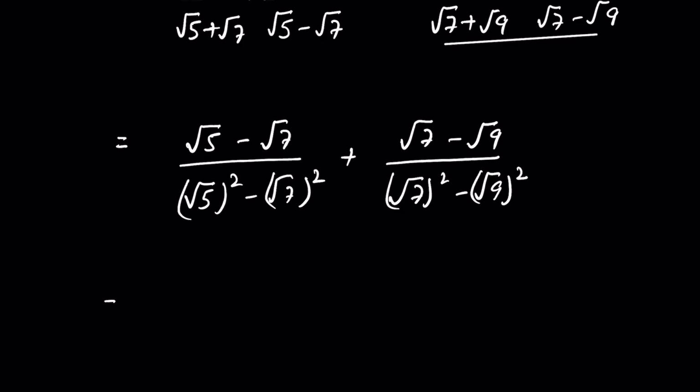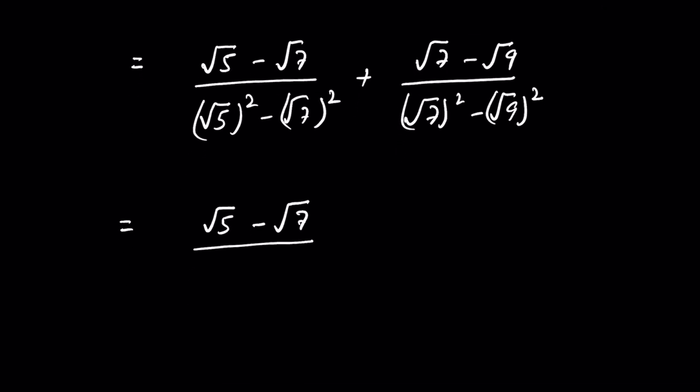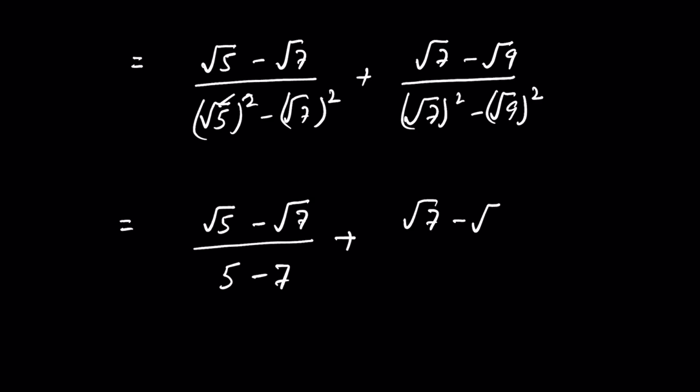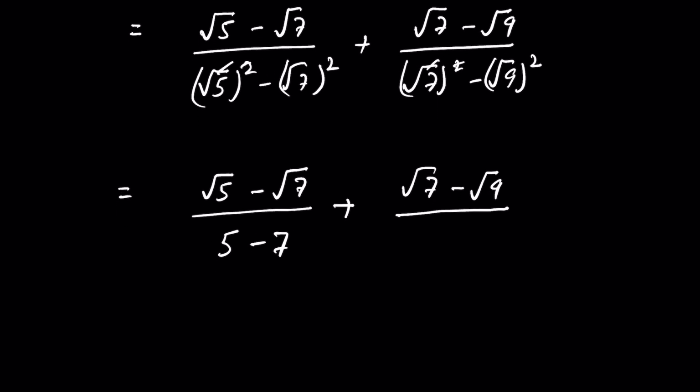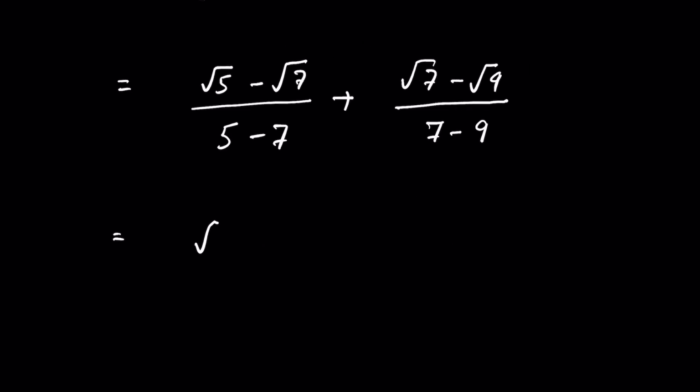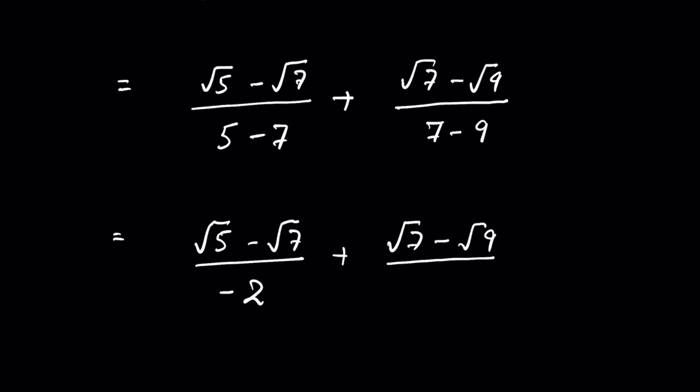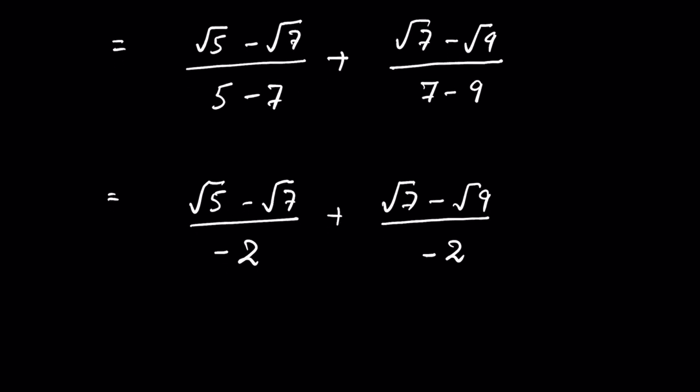Or we have square root of 5 minus square root of 7 upon, remove the square root with the square, so this is 5 minus 7, plus square root of 7 minus square root of 9 upon 7 minus 9, or it is square root of 5 minus square root of 7 upon minus 2 plus square root of 7 minus square root of 9 upon minus 2.